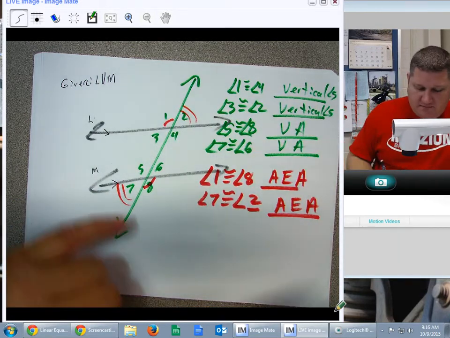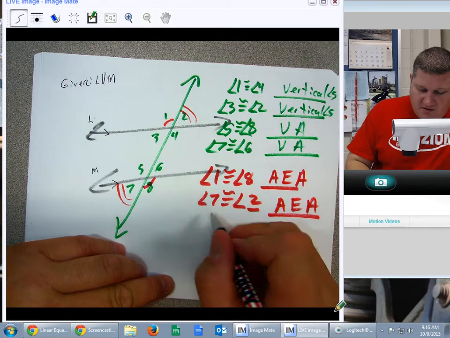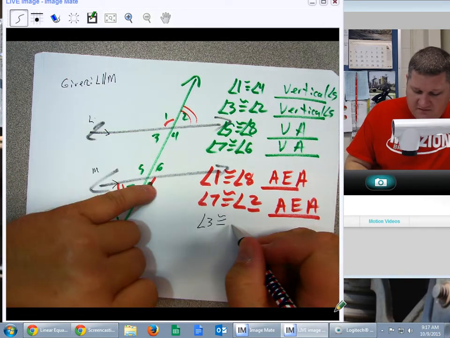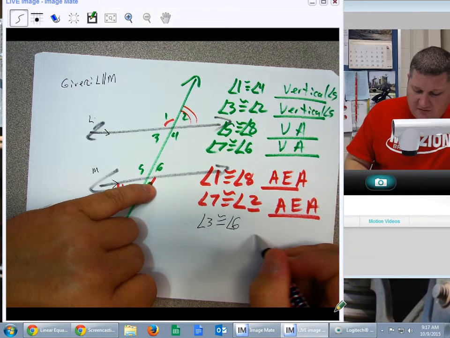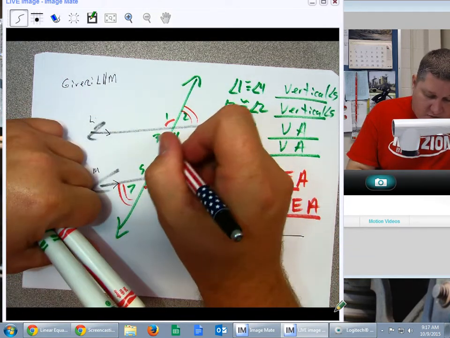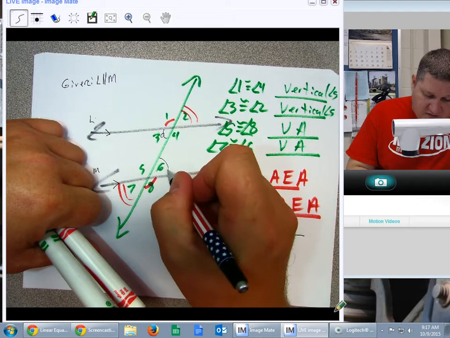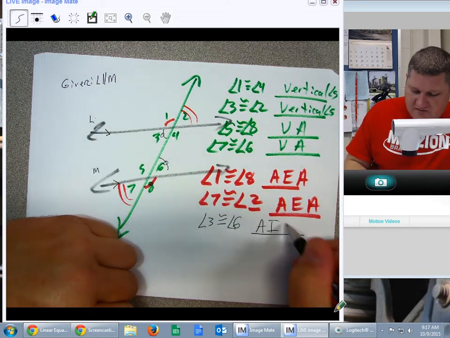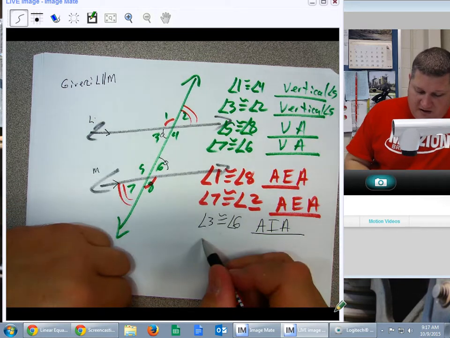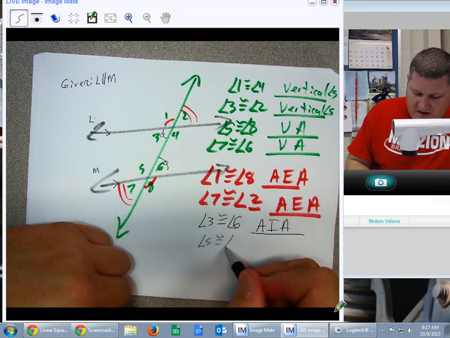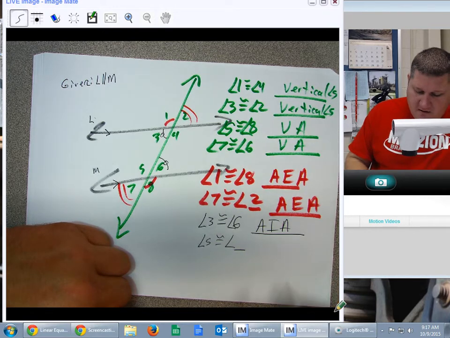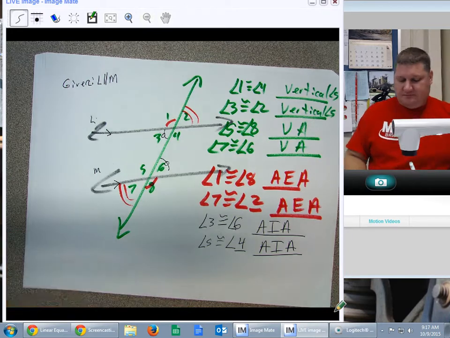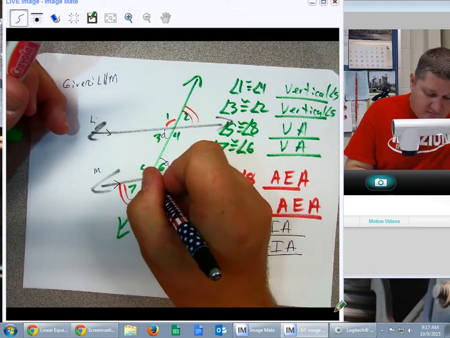Now, moving on, we have some more. We have angle 3 is congruent to angle 6. Why in the world would this be congruent to this? Alternate interior angles, which means angle 5 is congruent to angle what? 4 by alternate interior angles.